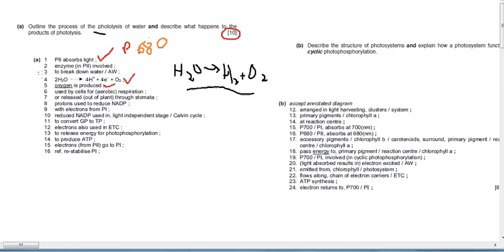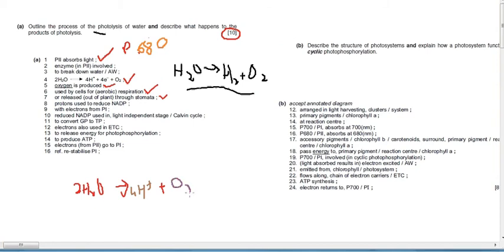Then oxygen is used for aerobic respiration or released through stomata. So you say that there is 2H, 2O. It gives us two things. It gives us hydrogen ions, okay, and it also gives us this oxygen.